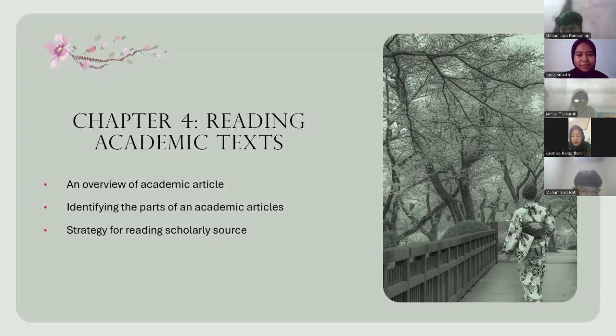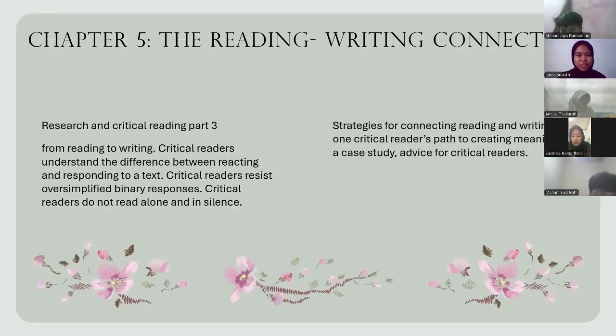And next, the last chapter is the reading and writing connection. We can connect reading and writing, and we can see first research and critical reading part, and then from reading to writing, how to use reading and writing.